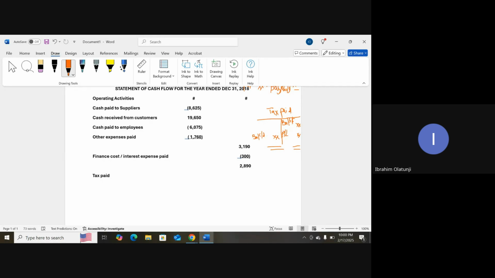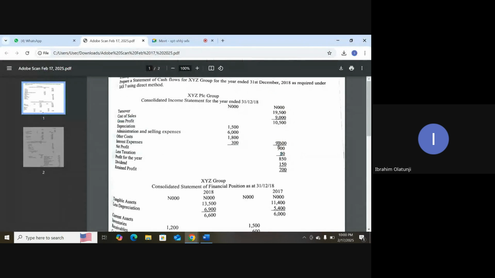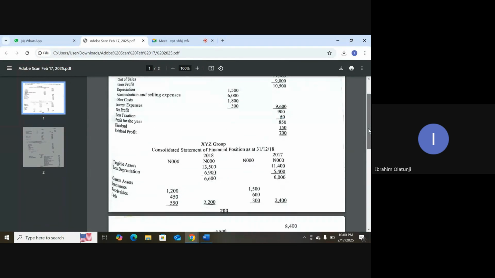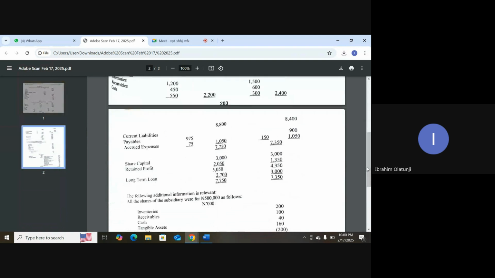But now look at this scenario. If you check your balance sheet, they are not giving you tax under your current liability. Can you see? Hello, are we there? Yes. So they are not giving you tax under your liability.